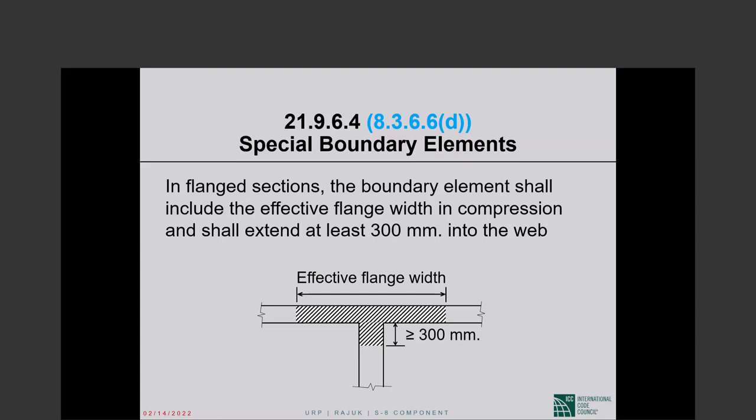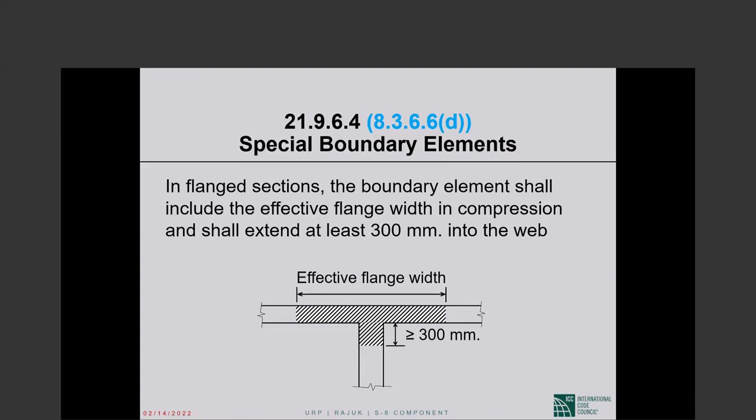I cannot see what the questioner is visualizing. The other question was something else. Even I am not understanding. So are they talking like the shear wall is bounded by beams and columns?